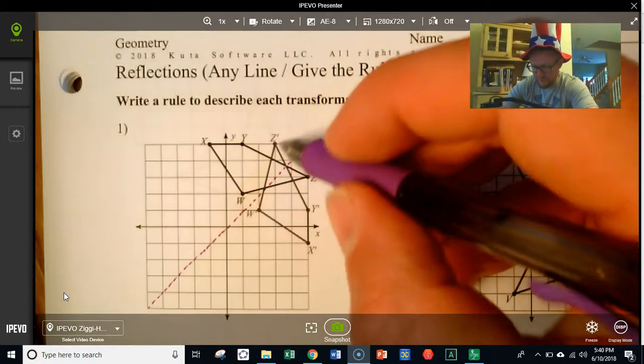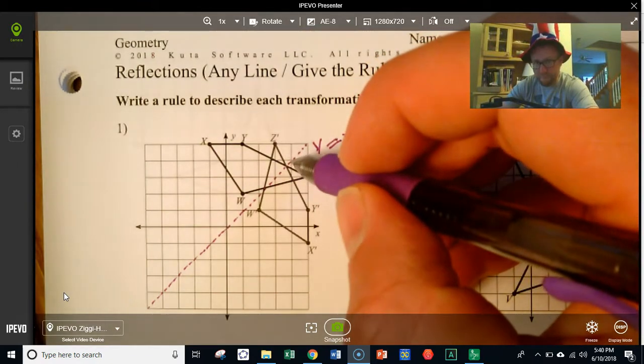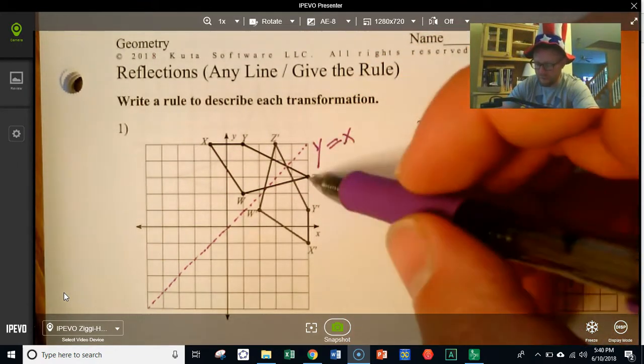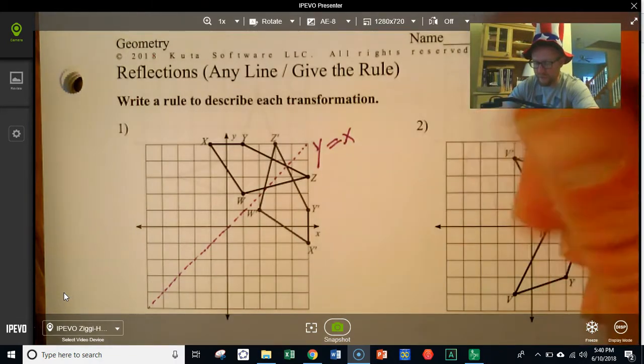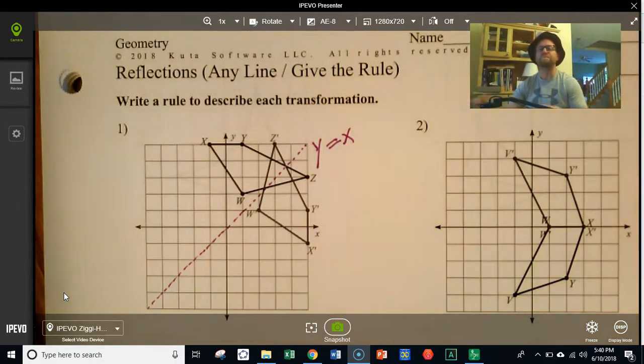All right, if you look at z prime, 1 diagonal, and z up to the line is 1 diagonal. So as long as every point is the same distance to the line of reflection as its image, then you've got the right line. You just kind of have to eyeball it, and I think in this case it's pretty clear.